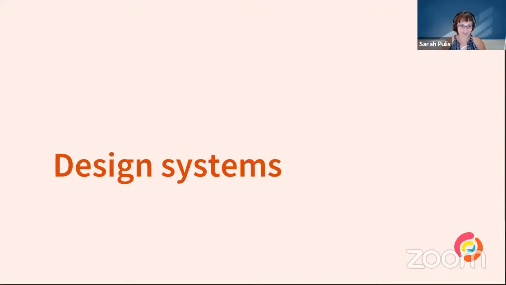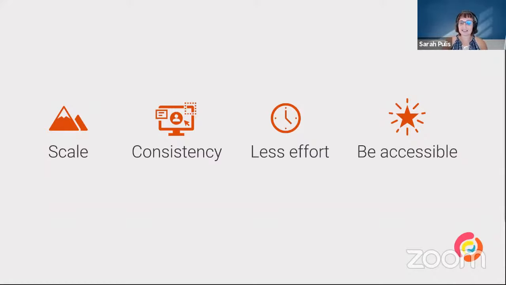So design systems can be really great for accessibility. They're really great for scaling. So if you're a large organization, you've got lots of different websites or even just one really, really big website. Having those components and building those components to be accessible means that when you do use them, you have that level of confidence that they have actually been built with accessibility in mind.